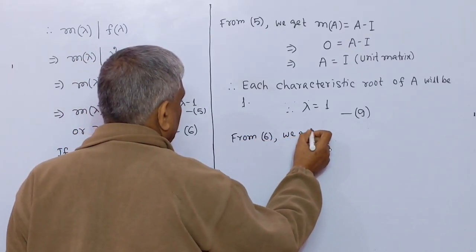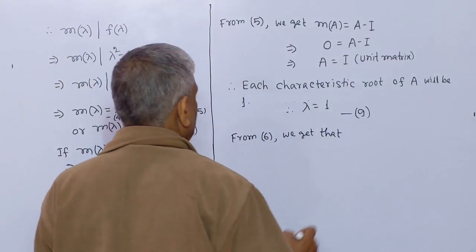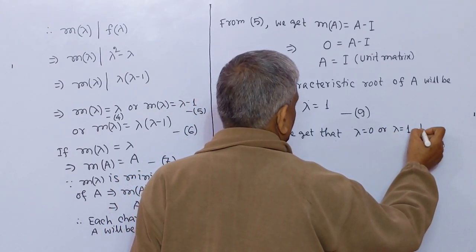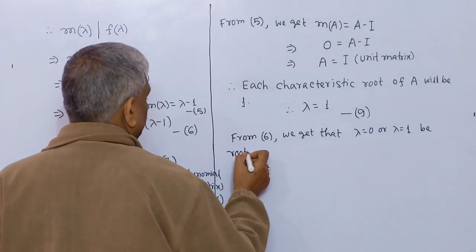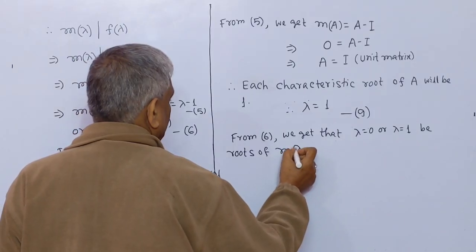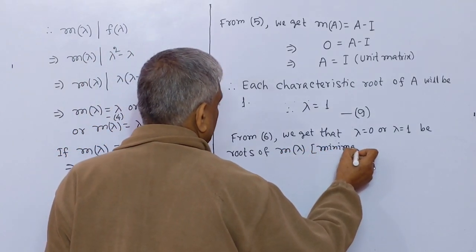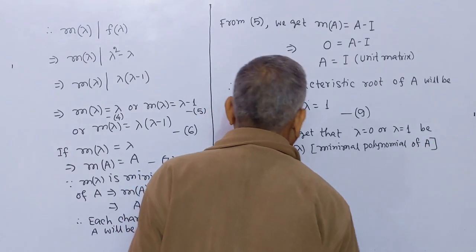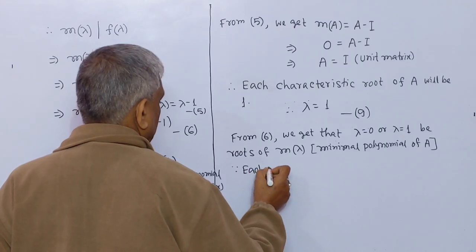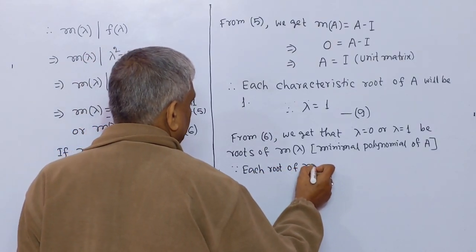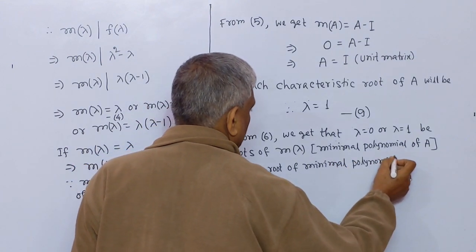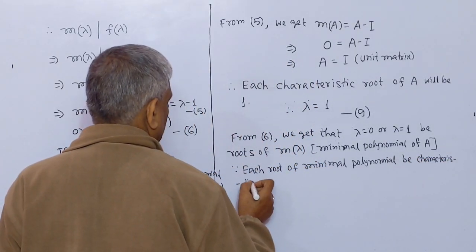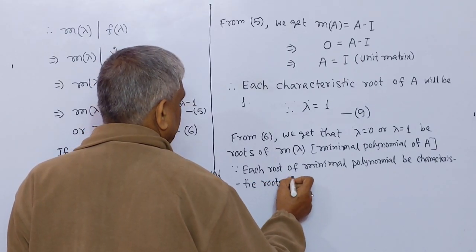From 6 we get that lambda equal to 0 or lambda equal to 1 are roots of m(lambda), m(lambda) being the minimal polynomial of matrix A, since each root of the minimal polynomial is a characteristic root of the matrix.